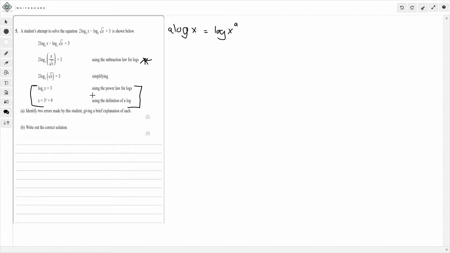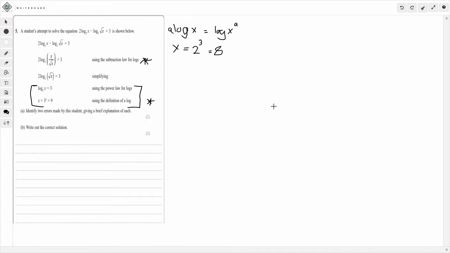But hopefully, it's clear to see that using the definition or anti-log in here would give you x equals 2 cubed, which would be 8. So it wouldn't be 9. So again, that's a mistake as well. That's the other mistake. So you just want to briefly say that they've used the definition of a log incorrectly. The solution should be x equals 2 cubed, which is equal to 8.